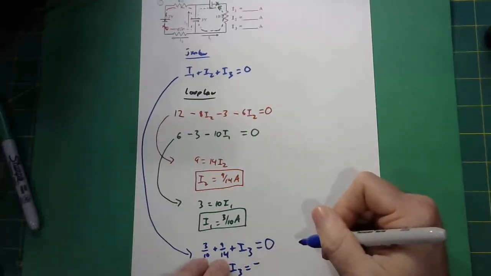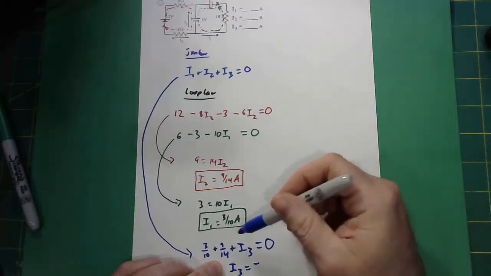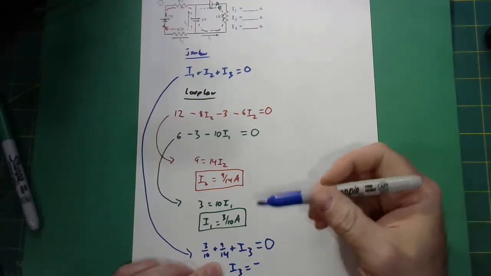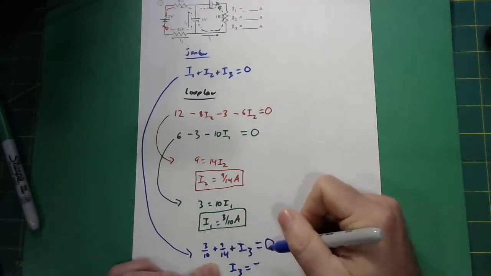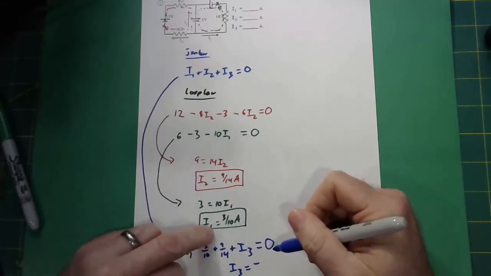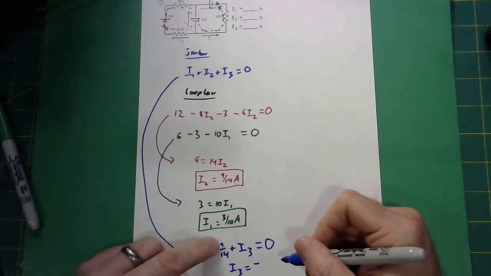So I got to sum these together, tenths and 14ths. You're like, okay, the lowest common multiple is going to be, well, it's going to be 70ths, but what the heck, let's just go up to 140ths, just make life easy. So times 14 over 14 and times 10 over 10. So it's going to be 42 plus 90.